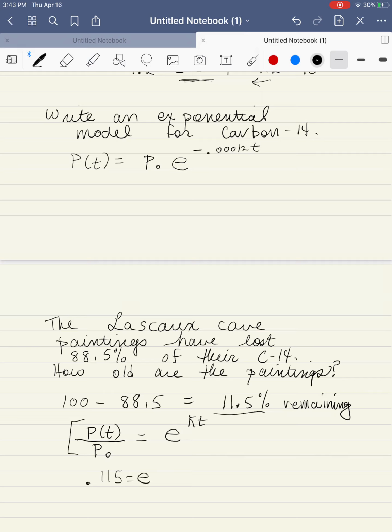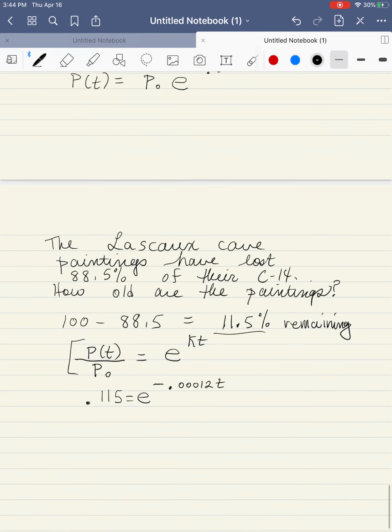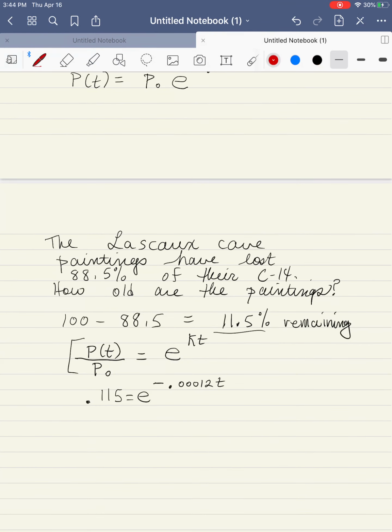So writing that as a decimal, we have 0.115 equals e, and because we have carbon-14, we know we have a decay rate of negative 0.00012. And once again, how old means that we are finding T. You go ahead, pause the video, and solve this equation.